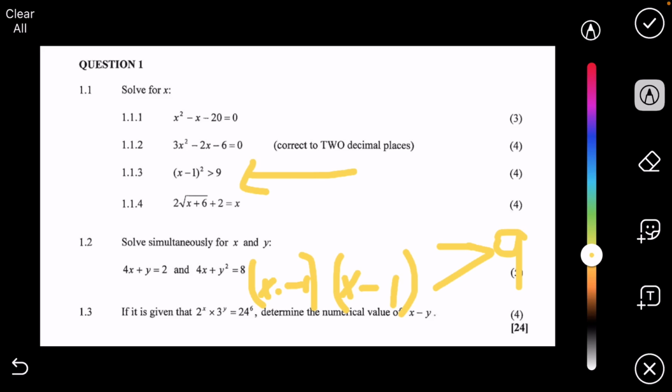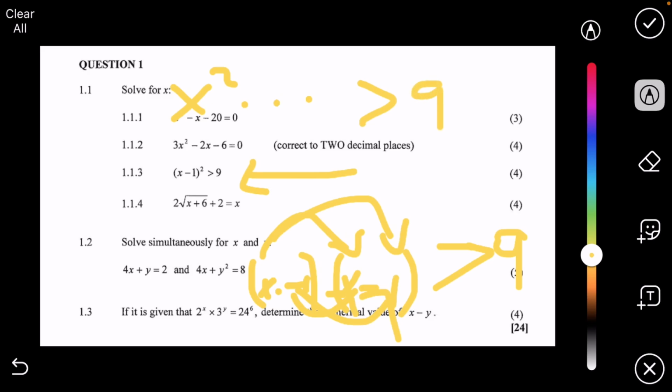You've got 2 of x minus 1. Very, very much important, ladies and gentlemen. So obviously you need to expand or remove the brackets. That multiplied by that, that multiplied by that. So obviously, guys, you're going to have a quadratic inequality, which is greater than 9. So ladies and gentlemen, you move this 9 to the other side of that sign.